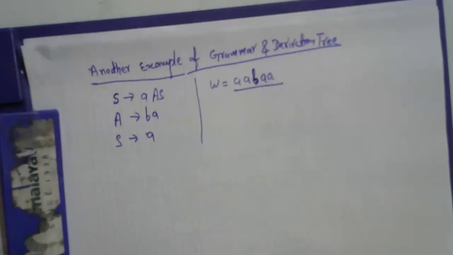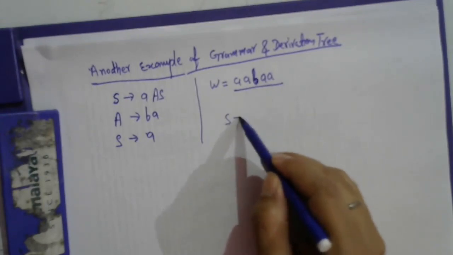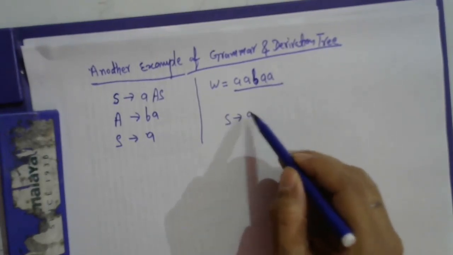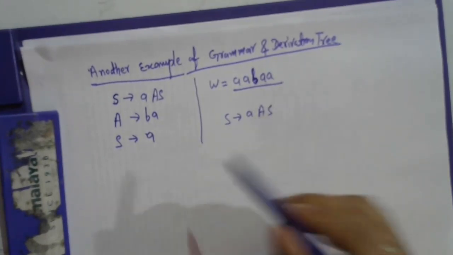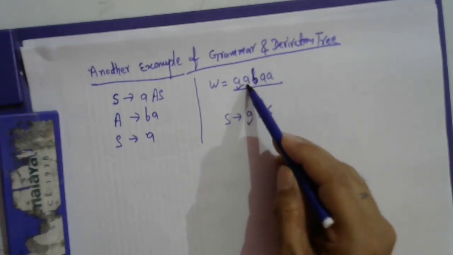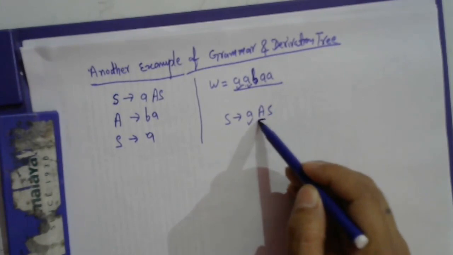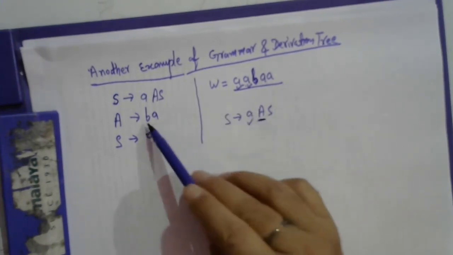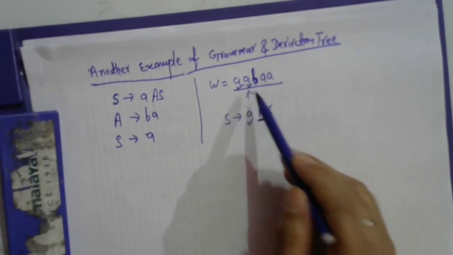Here, if we replace using the production rules, suppose S tends to AS, the first production. We get the first alphabet A, and again we require a second A. But the next alphabet is A, and we cannot replace it anywhere with this grammar.